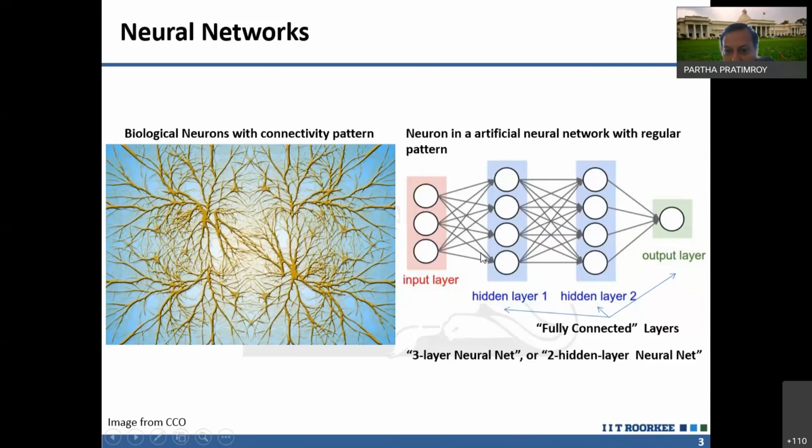It could be called fully connected or multi-layer perceptron; there are different names. The input layer was considering these features initially: HOG, SIFT, those features were fed into the input layer.